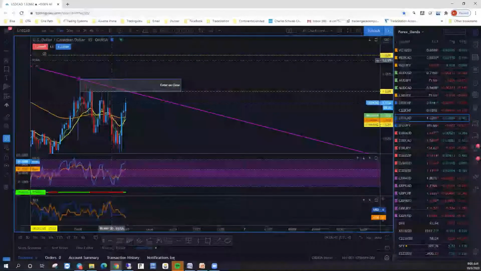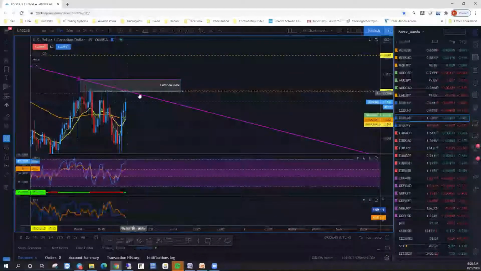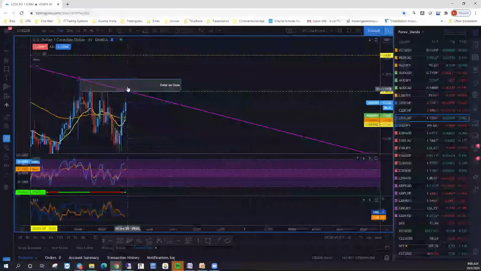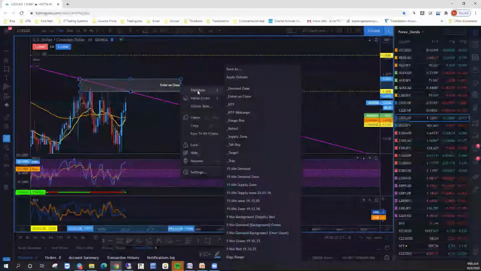Just gonna see if there's something else we can. This can be a trap right here. If it comes up here and it comes up and can't close, that's your trap. That's a trap. I'm going to say trap potential.